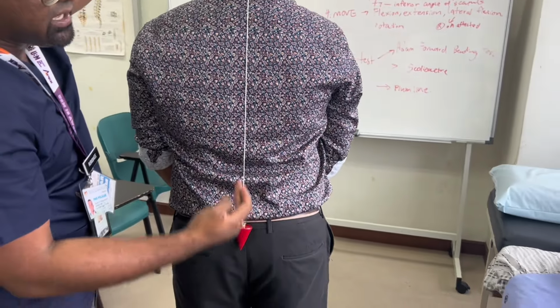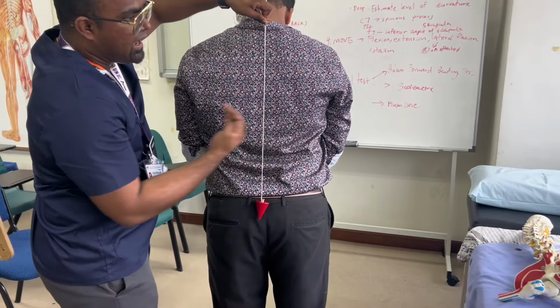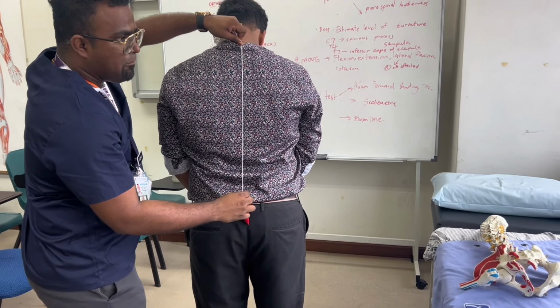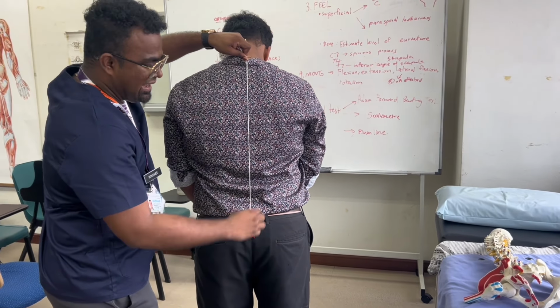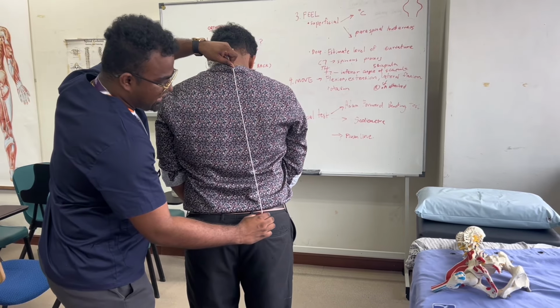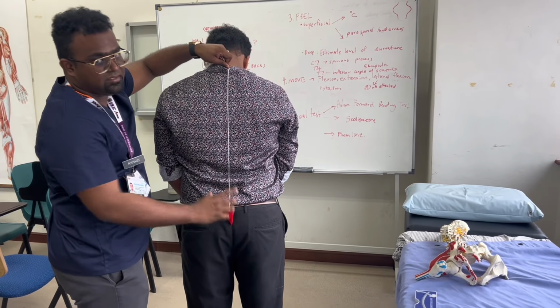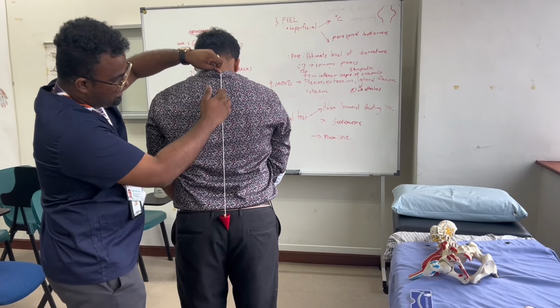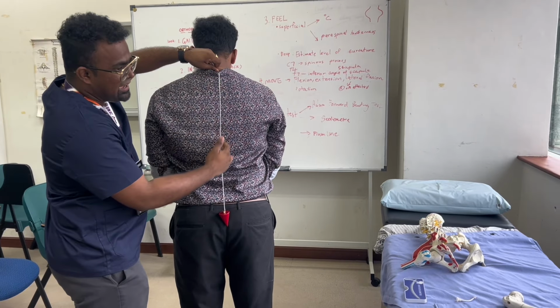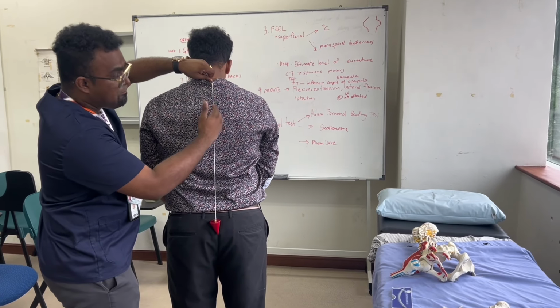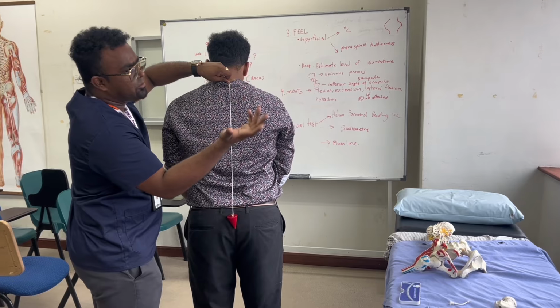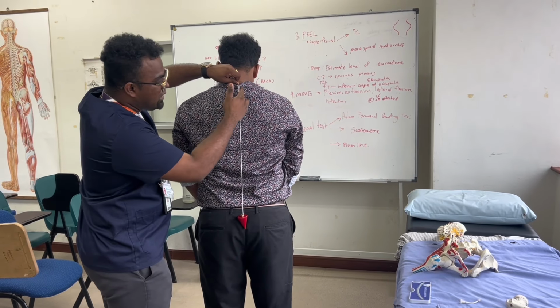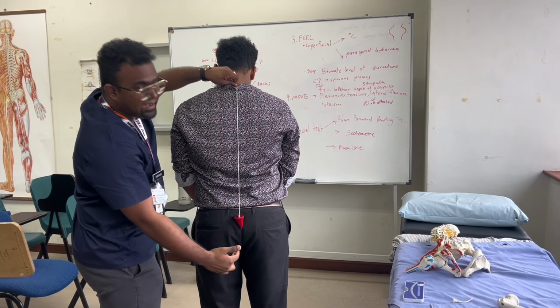Suppose the curvature is towards the right or the left, the plumb bob or plumb line will indicate that. This is so simple. For a normal person without any pathology, the plumb bob or line will align itself exactly at the gluteal cleft.